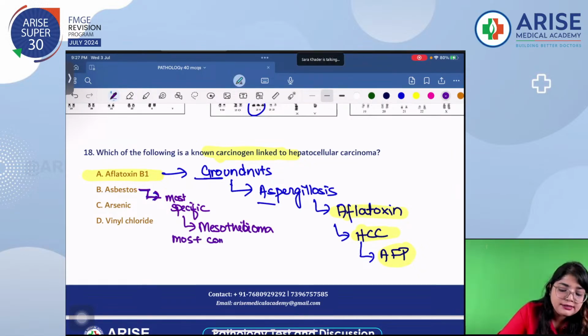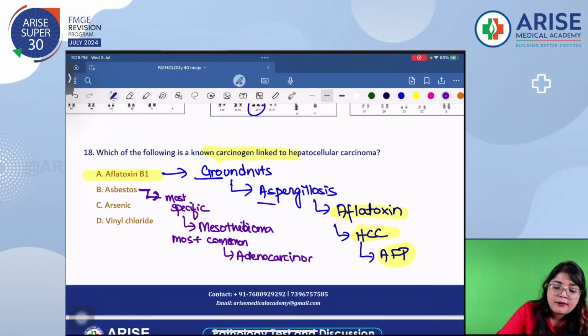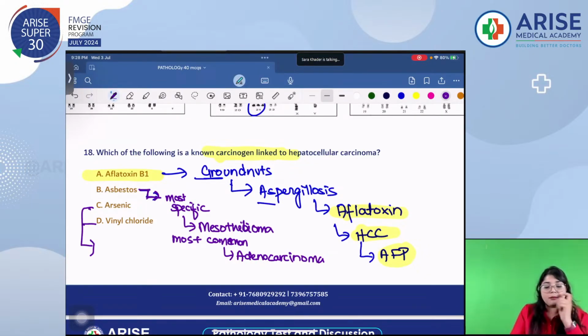Most common is adenocarcinoma. What about arsenic? Arsenic and vinyl chloride both cause angiosarcoma of liver.